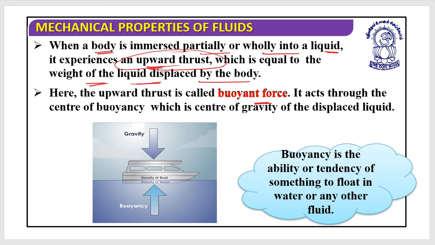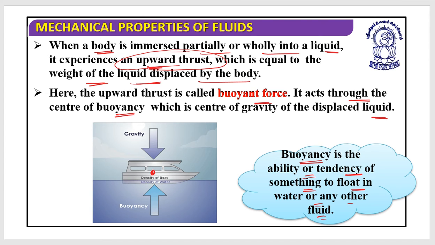Here the upward thrust is what we call the buoyant force, and it acts through the center of buoyancy, which is the center of gravity of the displaced liquid. We can also say buoyancy is the ability or tendency of something to float in water or any other fluid. Is it clear?